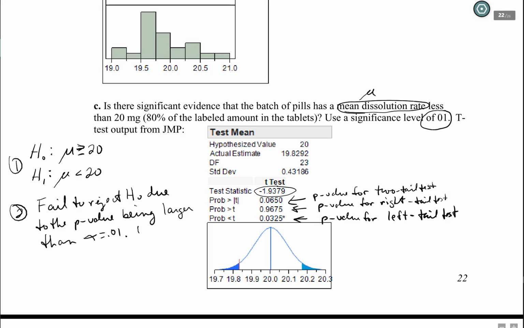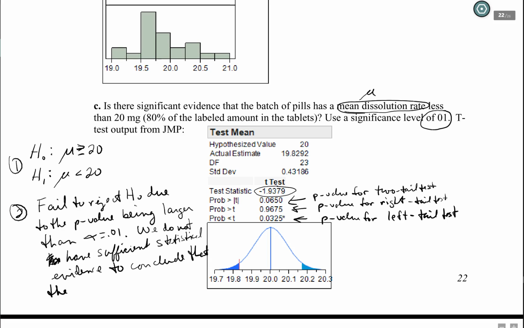So the way we would interpret this is that, again, we do not have sufficient statistical evidence to conclude that the mean dissolution rate is less than 20 milligrams. Okay.